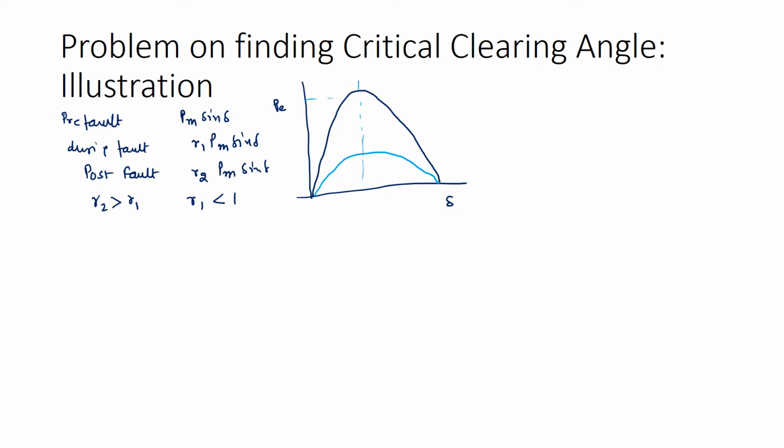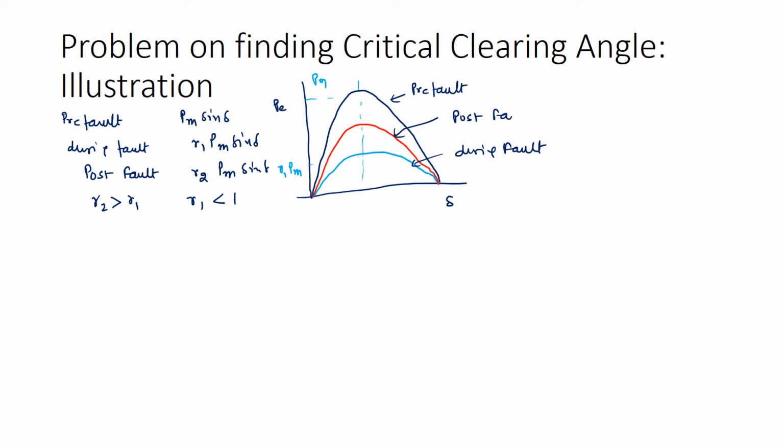So, from here I can say this is Pm and this is R1 Pm, and likewise I can also deduce the power angle curve for the post-fault condition. So, this is the pre-fault curve, this is during fault, and this is post fault.